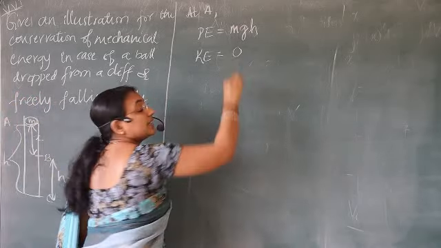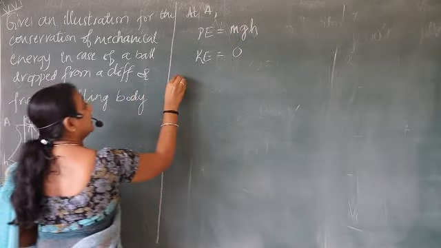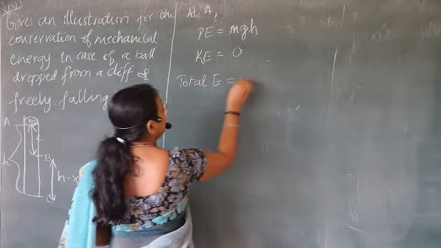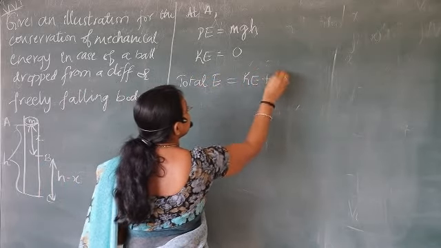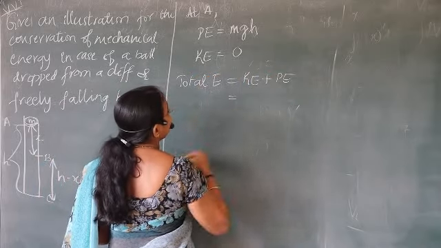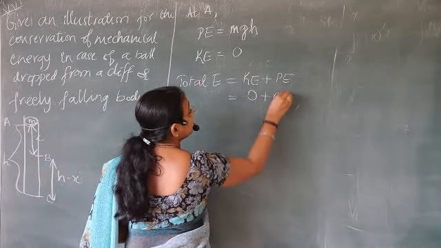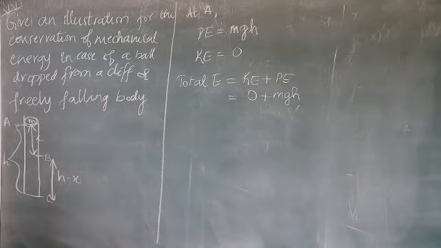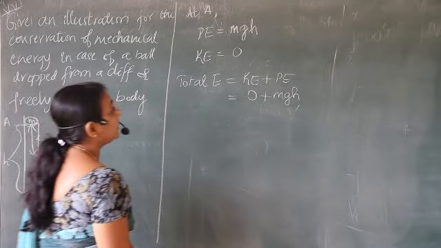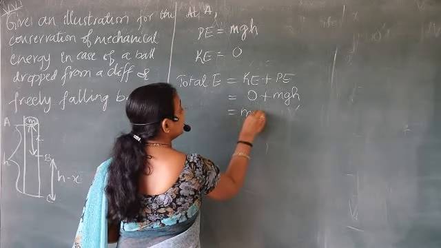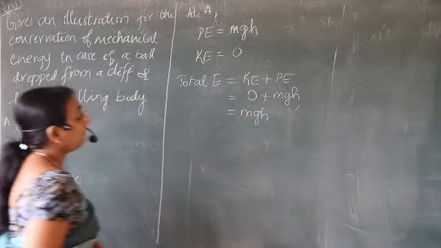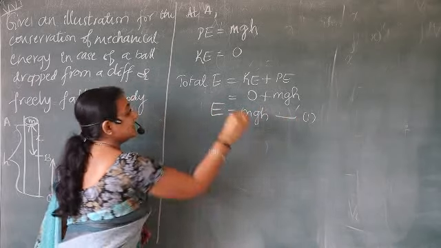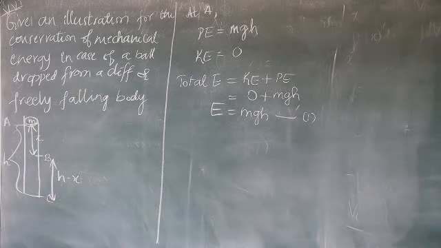So kinetic energy is equal to 0. Therefore, what about the total energy? Total energy is equal to kinetic energy plus potential energy, that is 0 plus mgh. Correct? So total energy at the point A is KE plus PE, that is equal to mgh. Let it be equation number 1. Total energy is equal to mgh.